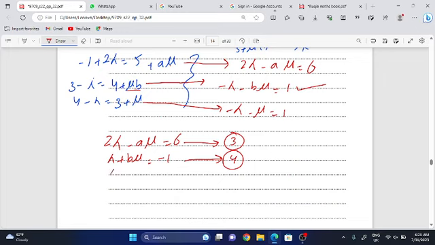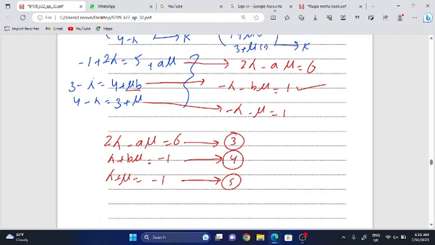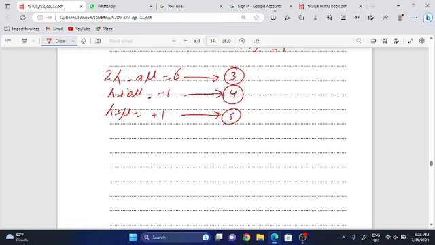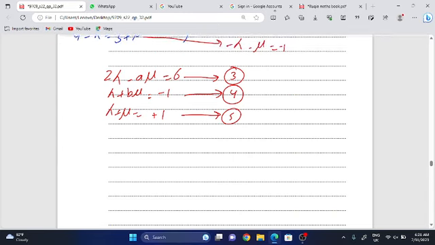And the last one is lambda plus mu equals minus 1. That is equation number 5. So as a whole, you just do the conversion and write the relevant things together with the positive or negative signs, and at the end you have equation number 3, equation number 4 and equation number 5. These are the required equations.